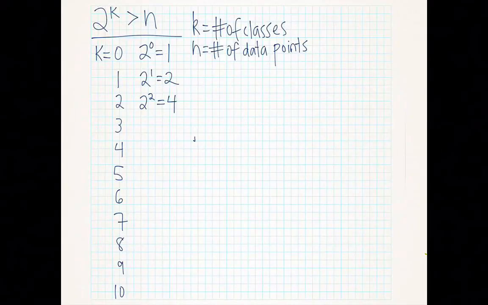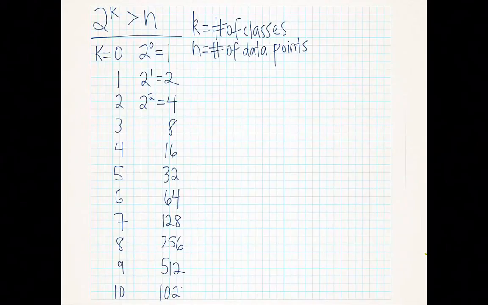And as we continue down the list, we continue with 8, 16, 32, 64, 128, 256, 512, and 1024. So that is our value of 2 to the k, 2 raised to the k.